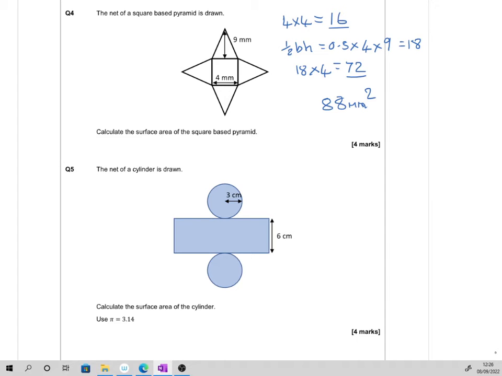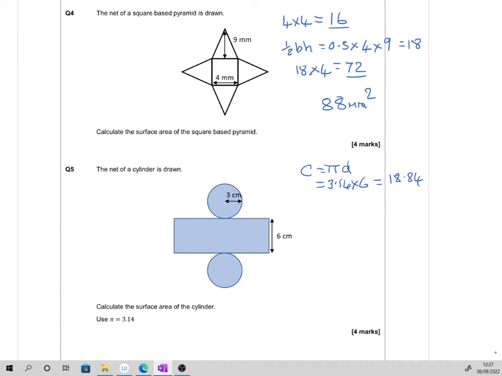Now we've got to do the surface area of the cylinder. So again, we've got this bit where we need to work out the length of this rectangle in the middle. So the length is going to be the same as the circumference, which equals pi d, which is 3.14 times the diameter, which is 6. So 3.14 times 6, which is 18.84.